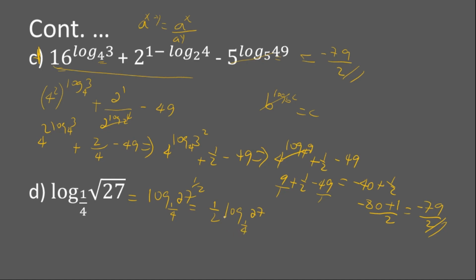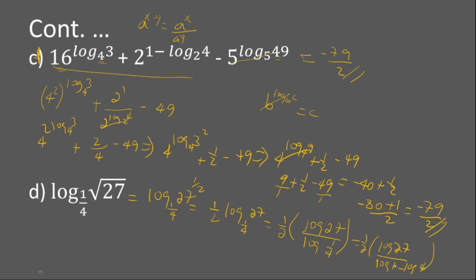Again, this is 3 cubed, but there is no relationship between the numbers, so we can make it 1 over 2 times logarithm of 27 over logarithm of 1 over 4. If you want to go further, we can reach 1 over 2 times log 27 over the logarithm of 1 minus log 4 with the base 10.